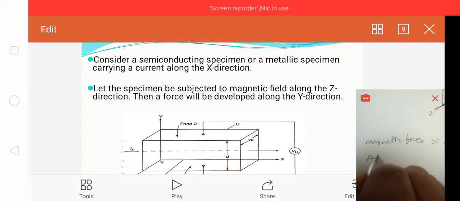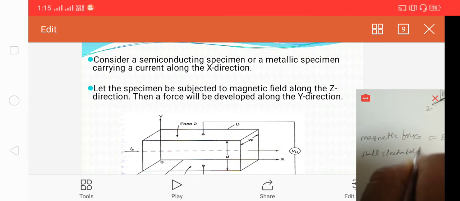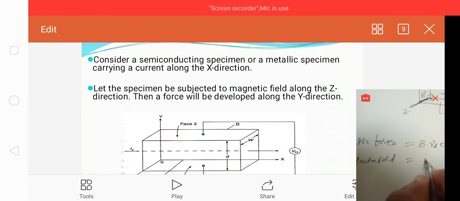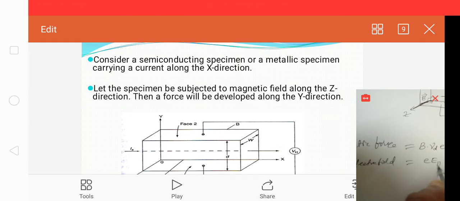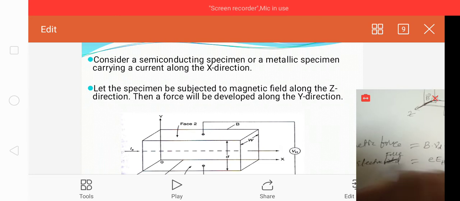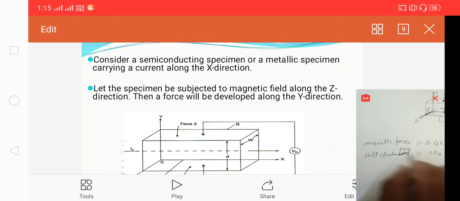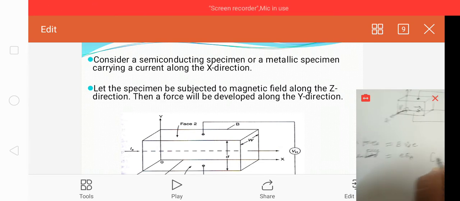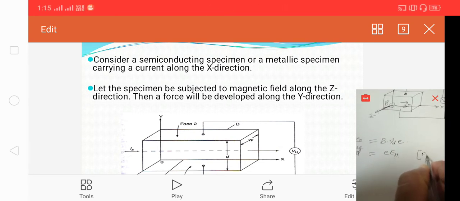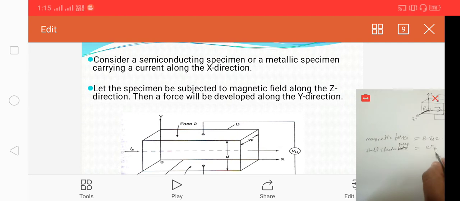And this Hall electric force is equal to e EH. EH is the Hall electric field. Generally we know that electric force F is equal to eE, where E is the electric field intensity, here the Hall field intensity.